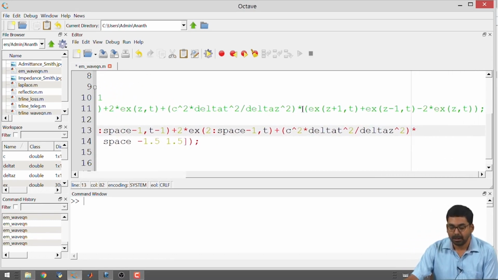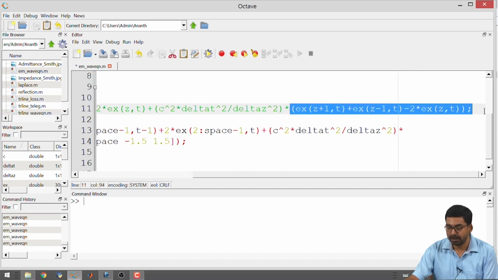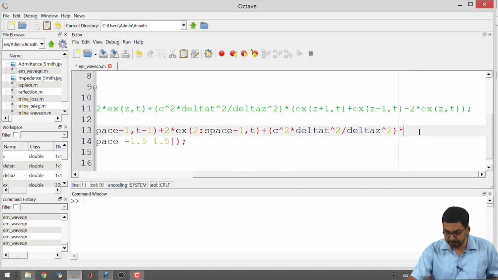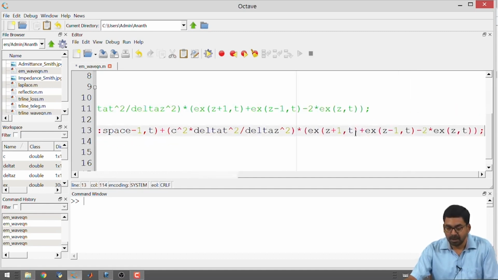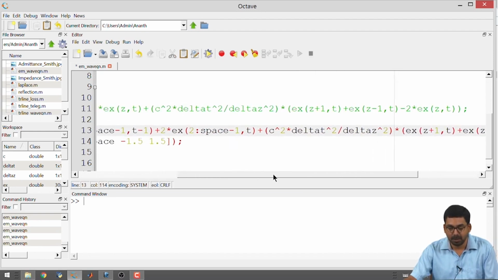And then I have some terms over here. So I will copy these and start replacing for z. So z plus 1, z is given as 2 to space minus 1, z plus 1 will be adding 1 to both the left and the right side of your colon. So that means it will become 3 colon space, that is all.